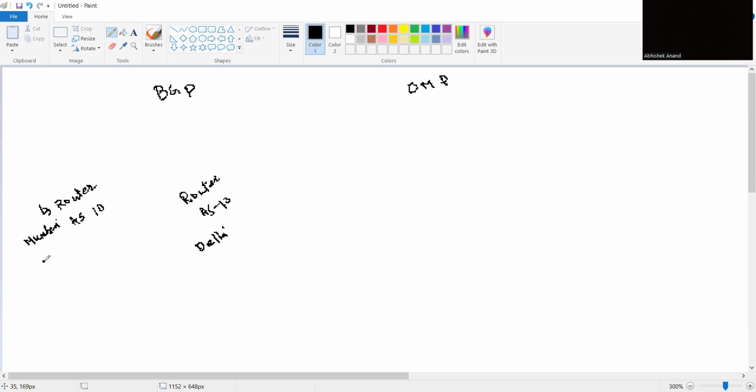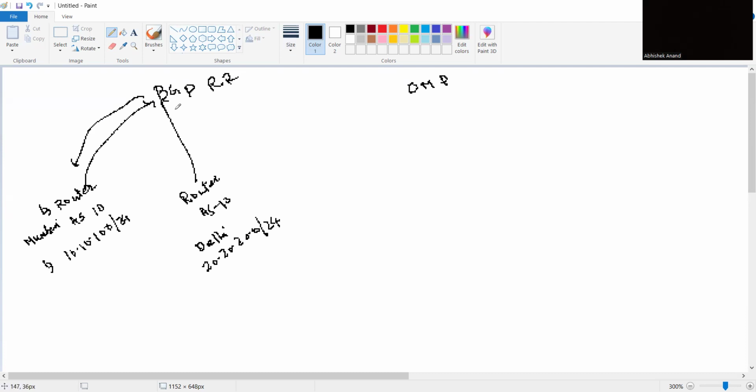The prefix here is 10.10.10.0/24, and here we have 20.20.20.0/24. This is your route reflector. This router will advertise its subnet to the route reflector, and this one will advertise its subnet to the route reflector, and the route reflector will advertise this subnet back to this one.